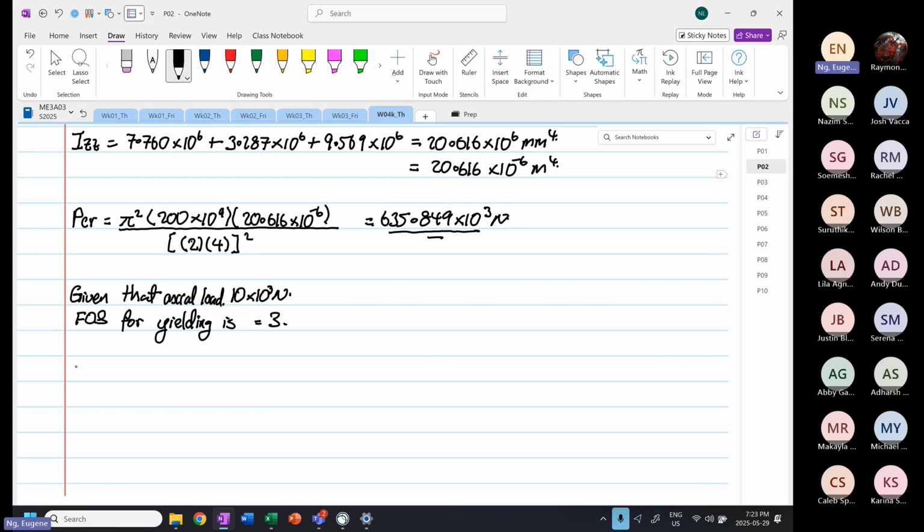So when we calculate our P for the formula, it is 10 times 10 to the power 3, and then we divide by 3 again. Okay. So this is what we designed for, because we have to consider the factor of safety. So 3.333 times 10 to the power 3 Newton.